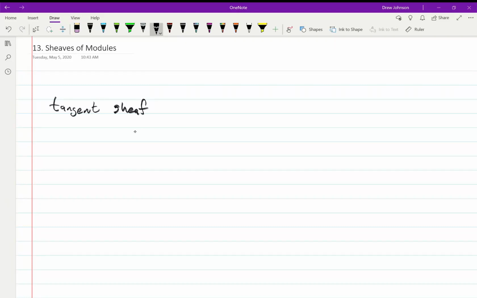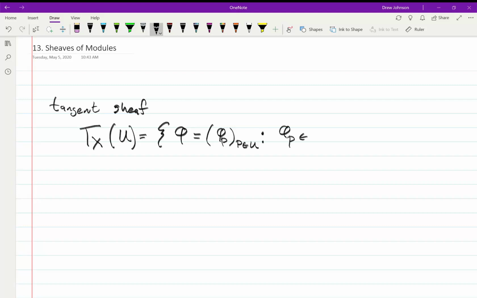So the tangent sheaf, T_X, where X is let's say a variety for now, and we have to tell you what its sections are on some open subset U of X. Well, its sections are going to be elements phi, where phi is given by phi_p for each p a point of U, and each phi_p is going to be an element of the tangent space to p at X.